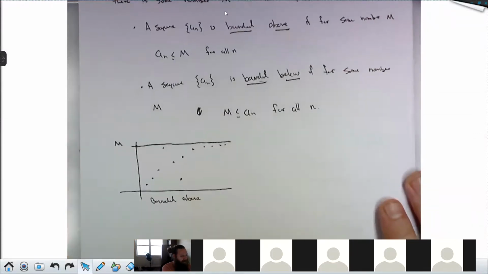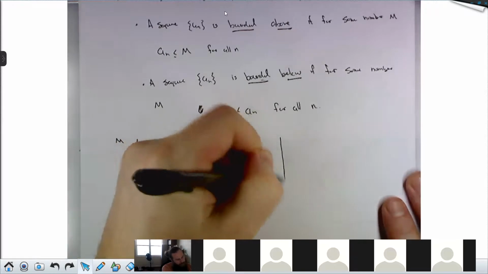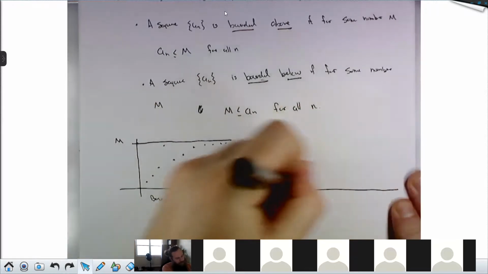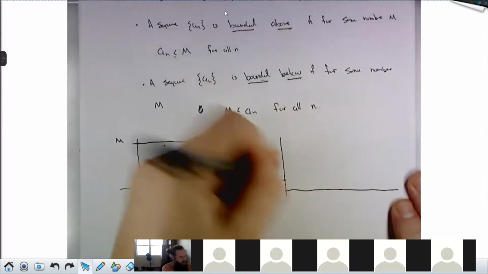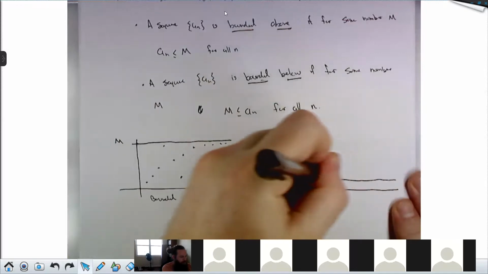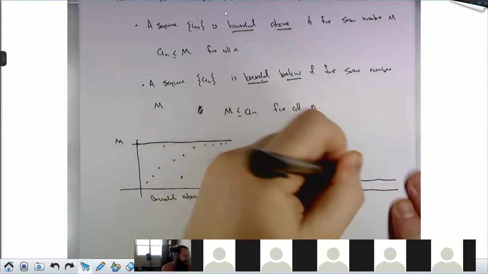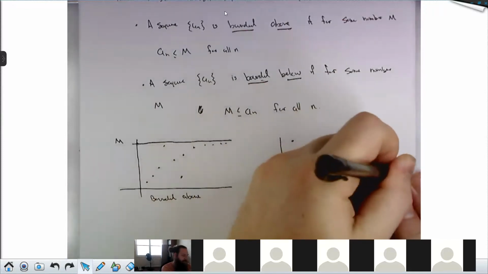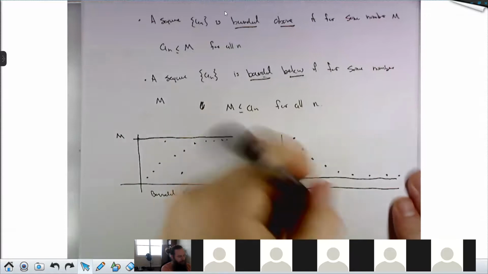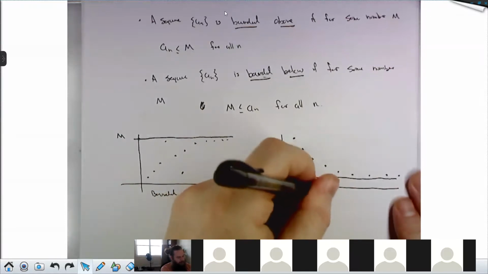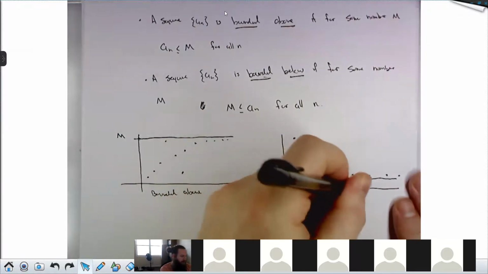And for a sequence to be bounded below, m could be positive, it could be negative, doesn't really matter. It just means that the terms of the sequence never dip below that. So this is bounded below.